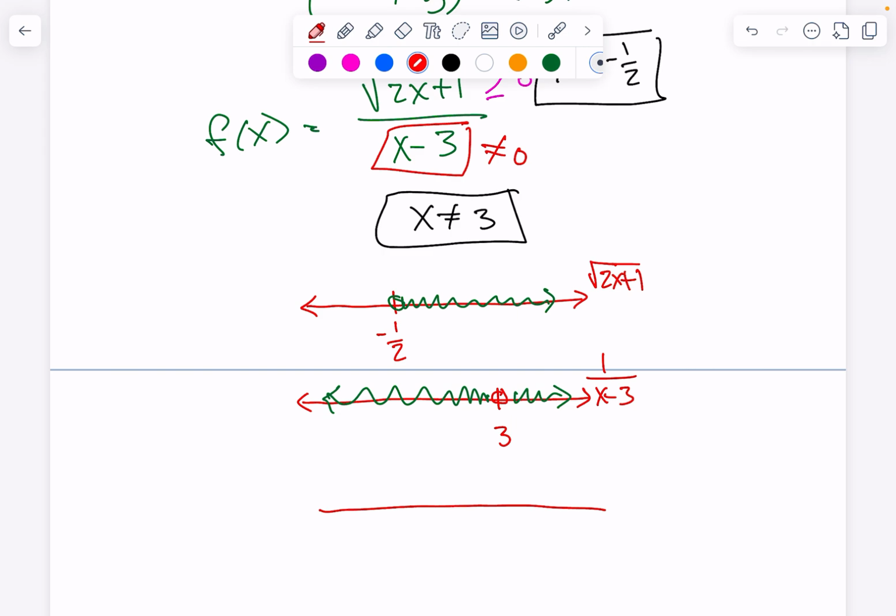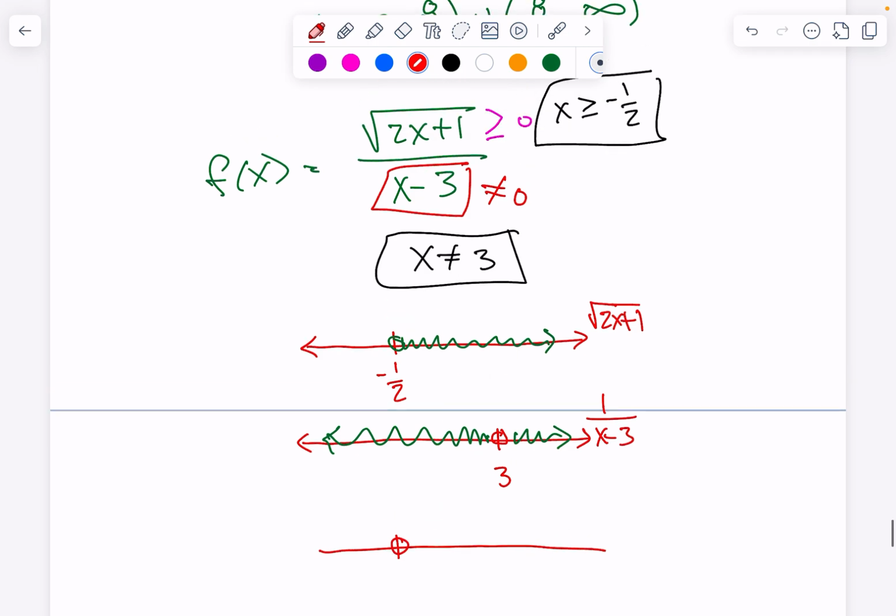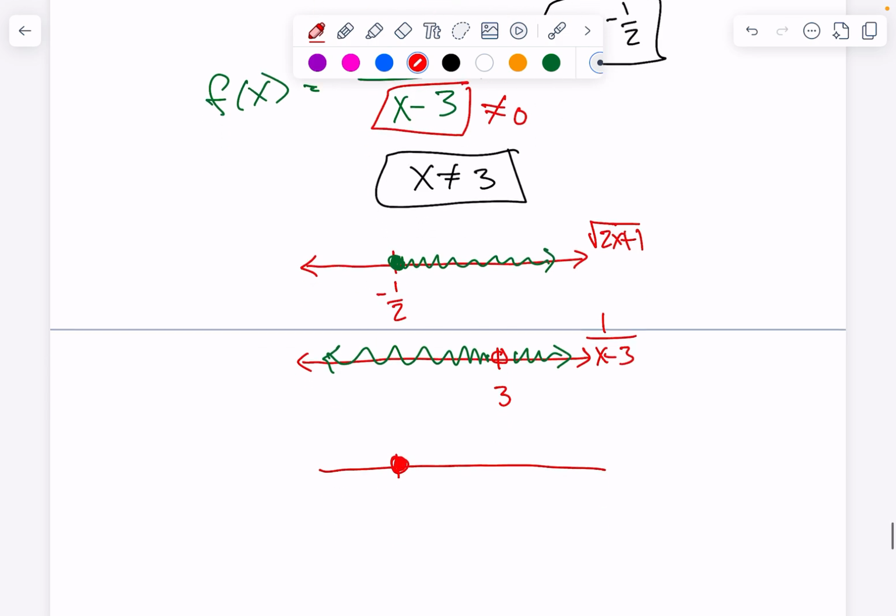And if we do together the domain of them both, it would look like this here. And then this should be a closed circle. And this should be too, a closed circle, because it's or equal to. And then over here at 3, we have a jump. So it would look like this.